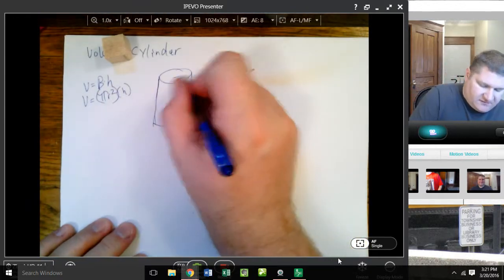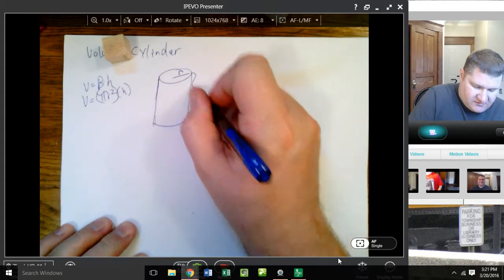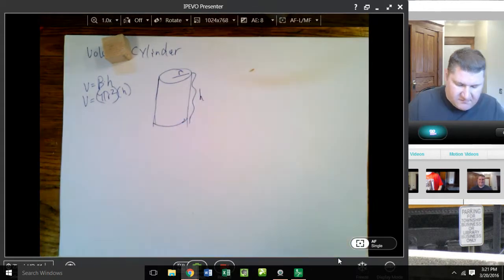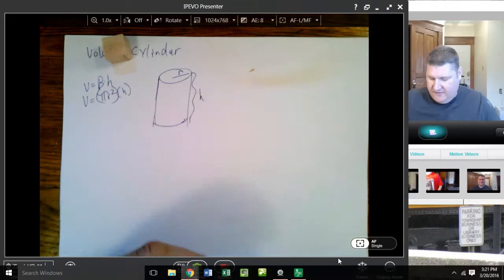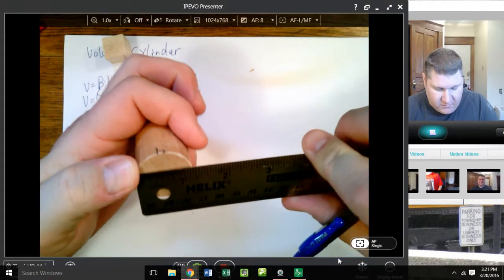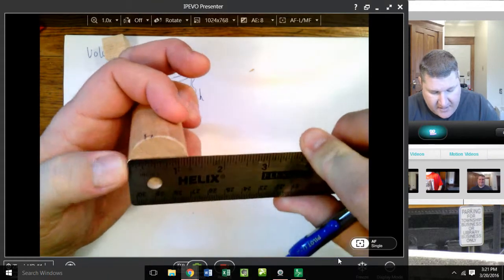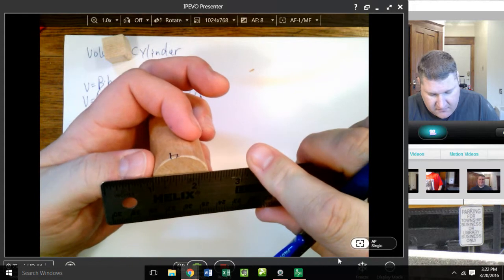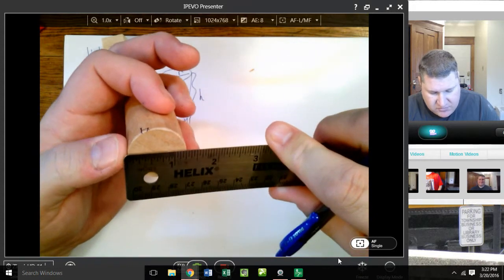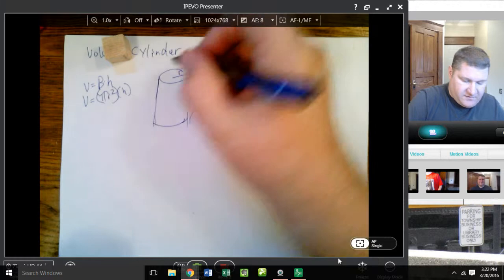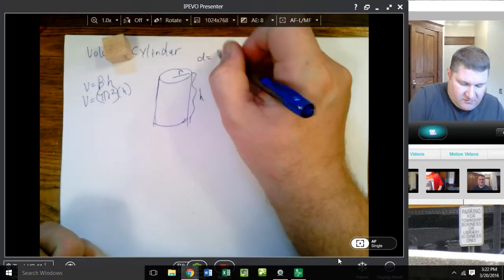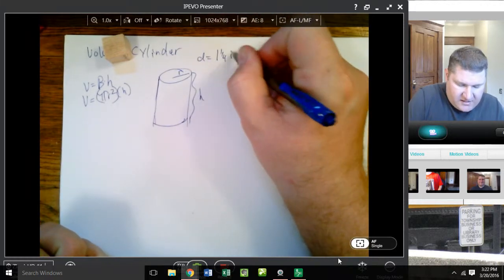So you would have something like this: a radius, and you'd have to be given some sort of height. In our case, my actual dimension all the way across, my diameter, equals 1 1/4 inches.